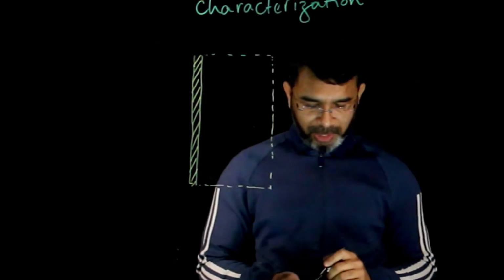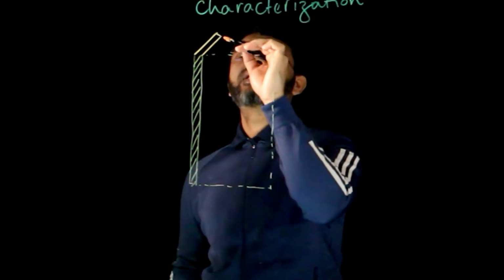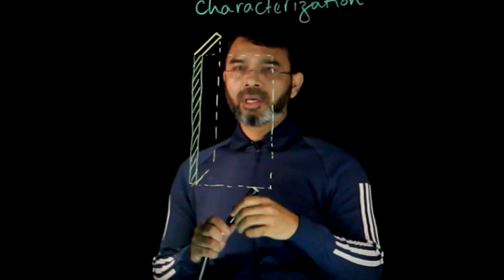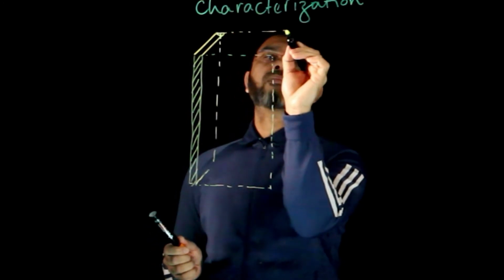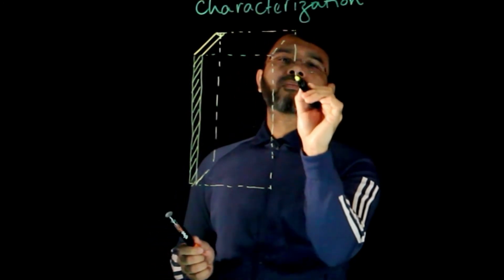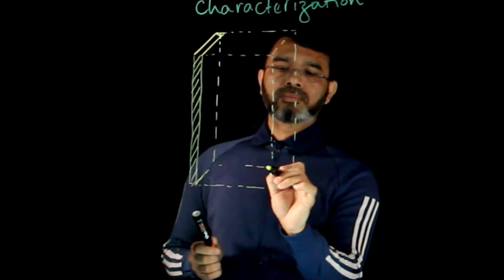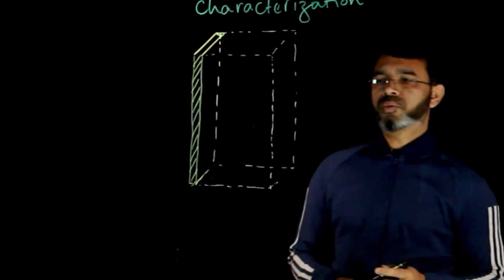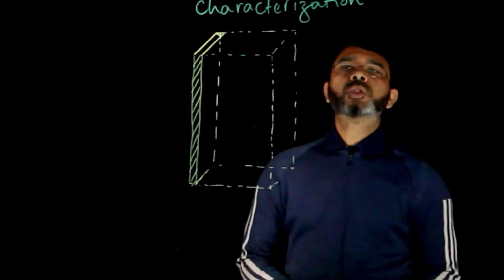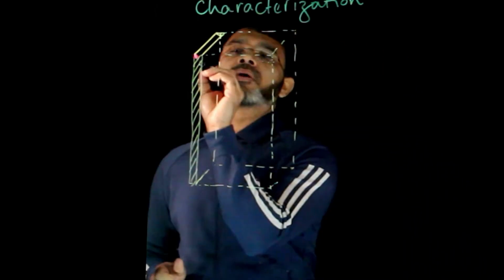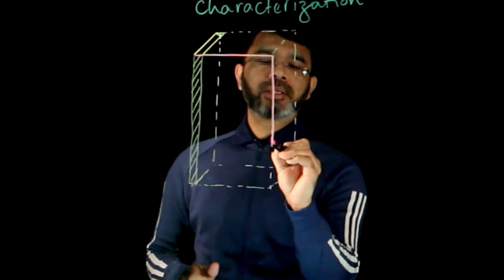So in a 3D formulation, the filter medium will be something like this, and the cake will be something like this one. Now to keep it simple, we simply look at the two-dimensional representation. We'll concentrate our focus here within this region.